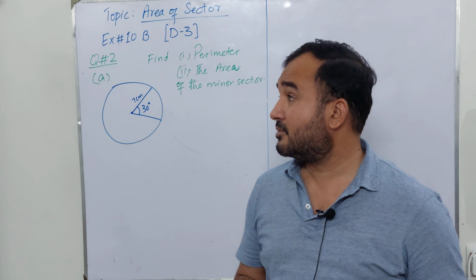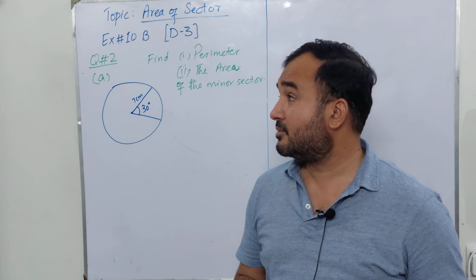Okay, so it will be 45 ones are 45, 8s are 360, right? If you divide 360 by 45, you will get 8. Okay, and this is r square, so it will be 100. So 3.14 multiply 100 divided by 8.